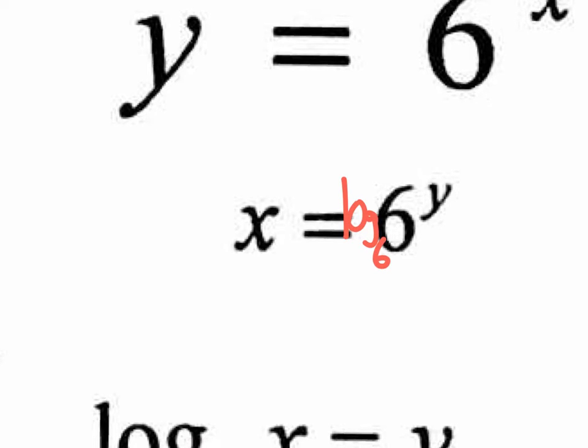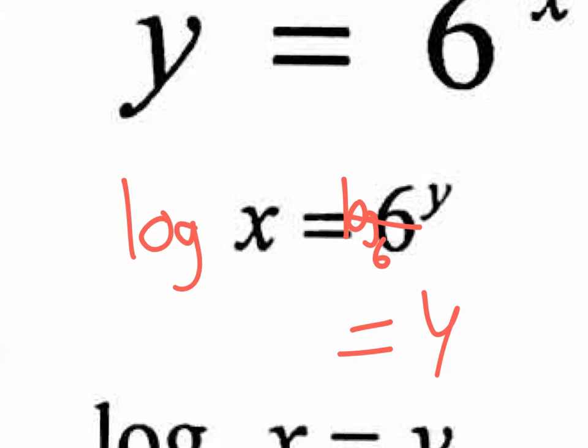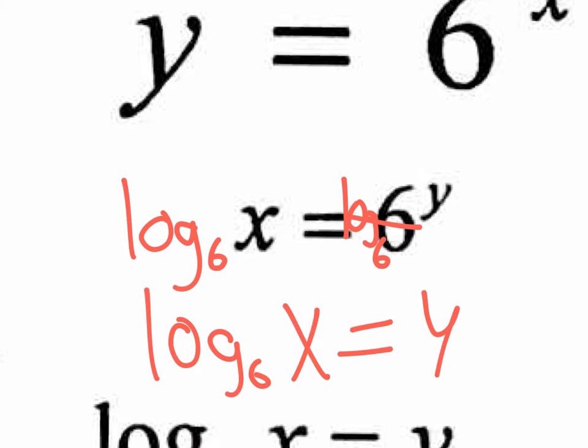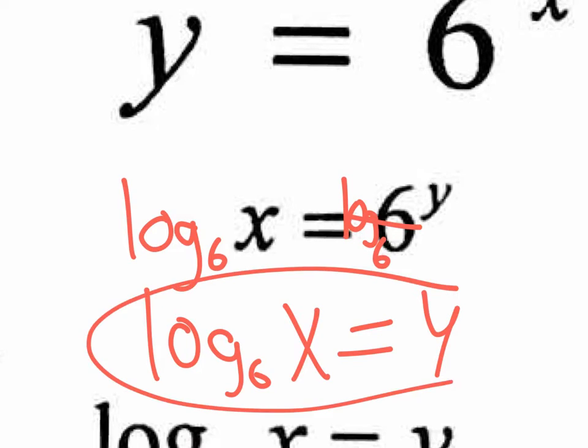Because log base 6 of 6 cancels out and the y will come right down. But if you do that to the right side of the equation, you have to do that to the left side of the equation, log base 6 of x. So your answer is log base 6 of x equals y, or y equals log base 6 of x.